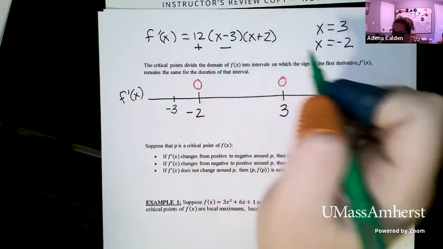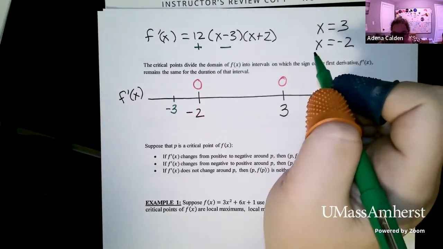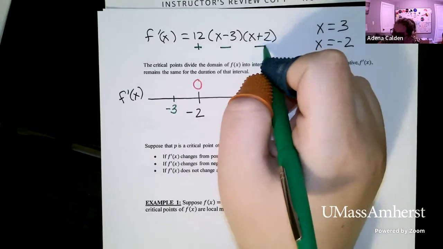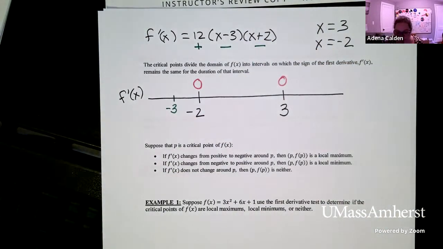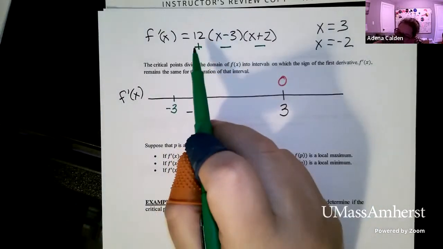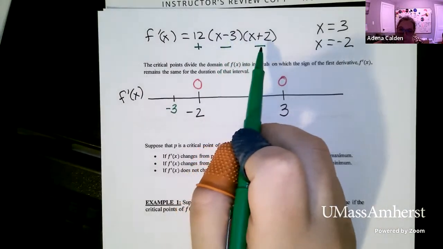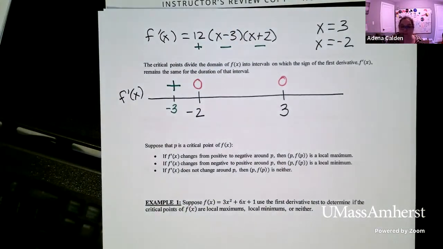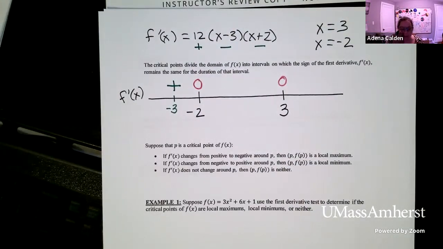That's going to give me something that is negative. And then if I plug in a -3 plus 2, I also get something that is negative. Okay, so positive times negative gives me an interval that is positive. So that's what I'm looking for. Is my interval positive or negative?